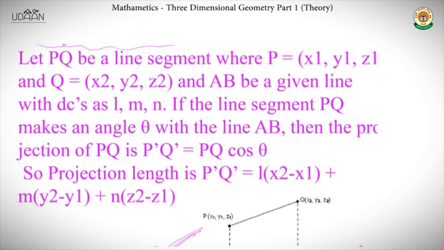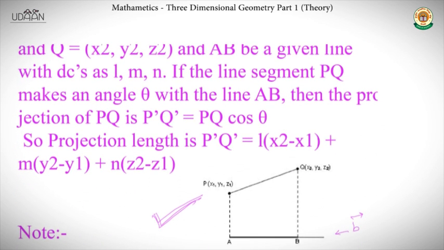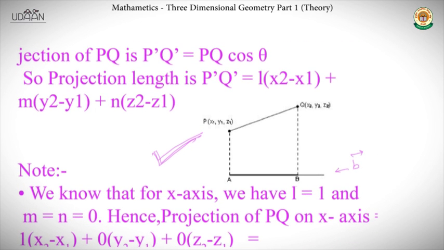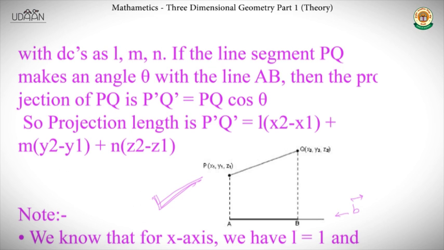So if P is (x1, y1, z1) and Q is (x2, y2, z2), and the vector b is Li plus Mj plus Nk, that is, the direction of the line is defined in terms of its direction cosines.